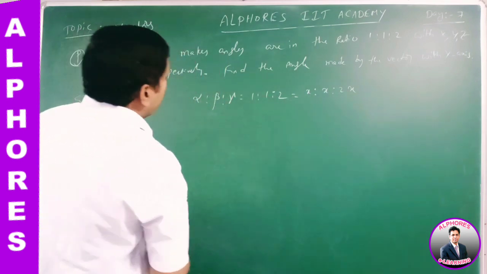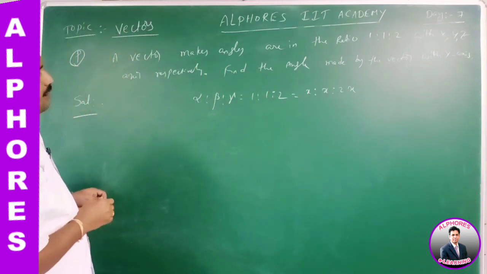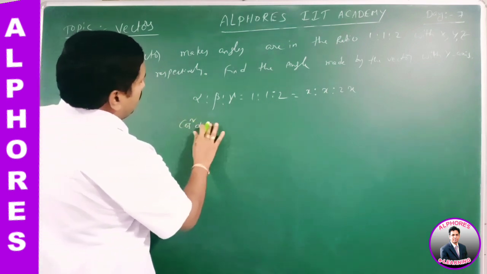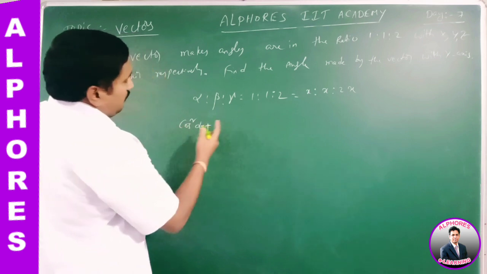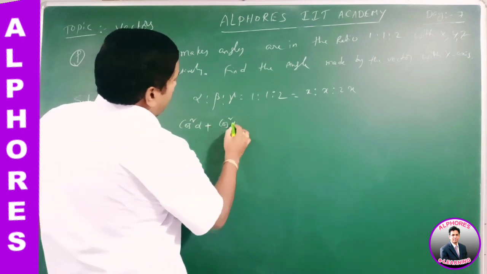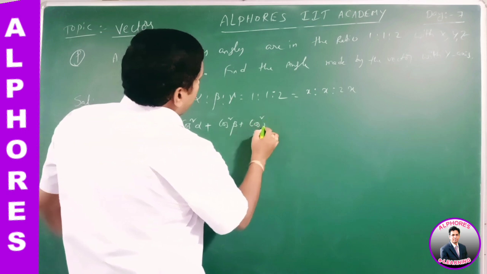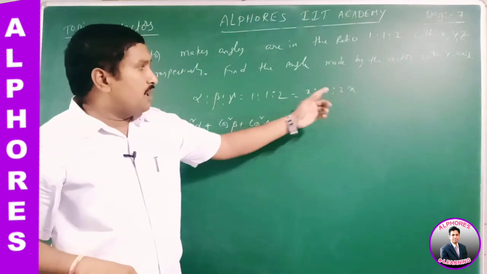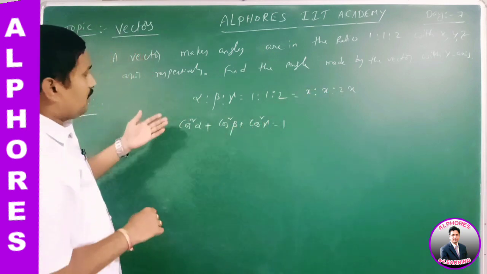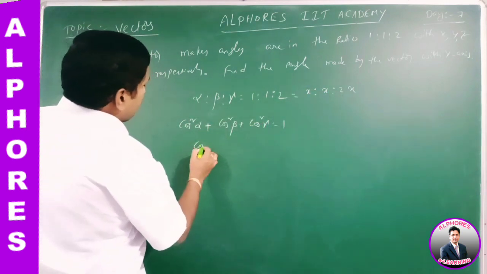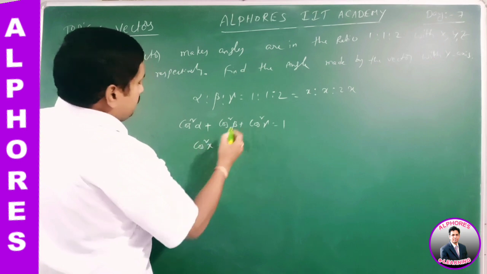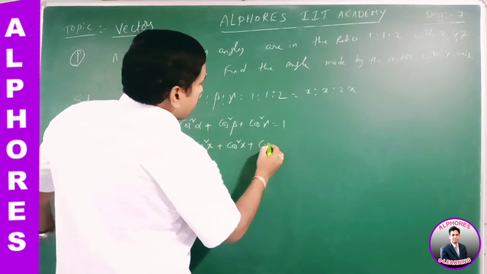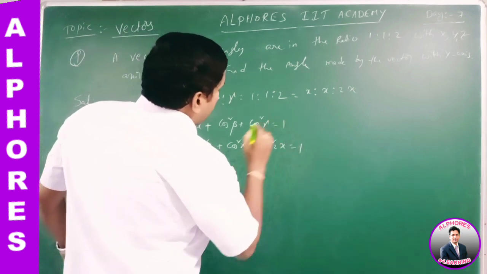Now we know the relation between the directional cosines: the sum of the squares of the directional cosines is equal to 1, meaning cos square alpha plus cos square beta plus cos square gamma is equal to 1. Substituting the values of alpha, beta and gamma, it becomes cos square x plus cos square x plus cos square 2x, which is equal to 1.